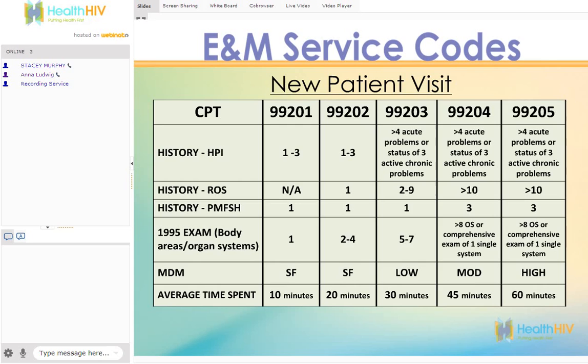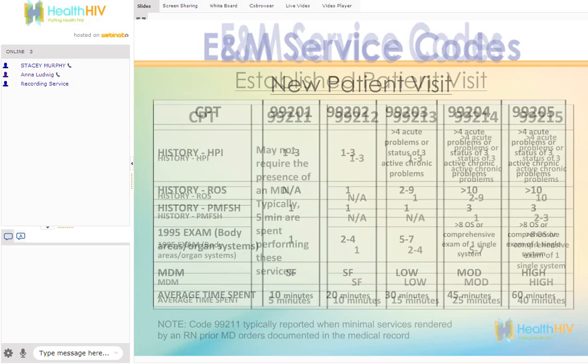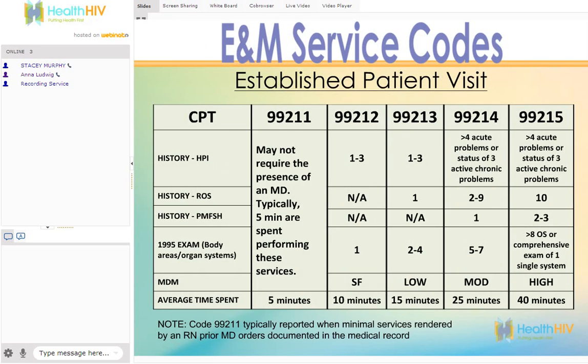So the numbers that you see here on the slide correlate to elements that are documented in the medical record that us auditors look for when we come in to do a chart review. The same applies with the established patient visit codes. Here are the elements that are used in reviewing the documentation to determine the history levels.